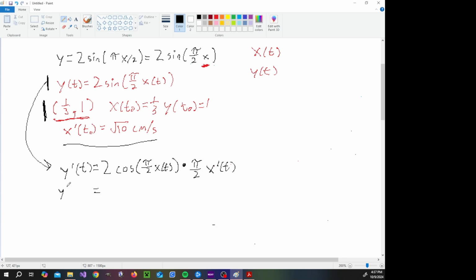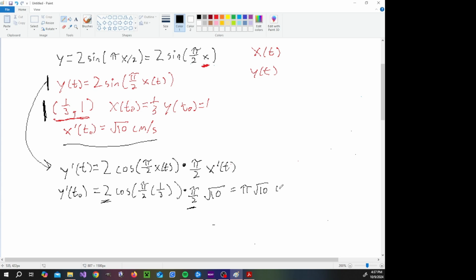So, y prime at that moment that we're considering, we have 2 cosine of pi over 2, the x value is 1/3, and x prime at that moment is the square root of 10. So we can simplify this. I have pi over 2 here, and then times 2, so that's going to simplify to pi. The square root of 10, nothing crazy is going to happen with that.